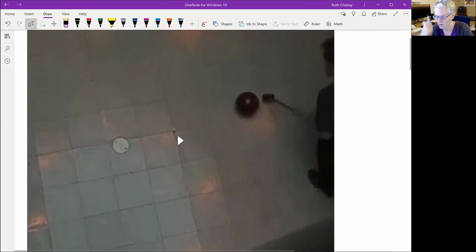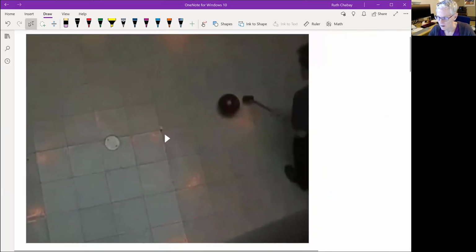So what I'd like to do is show you a video. In this video, one person rolls a bowling ball on the floor, and the other person runs around hitting it with a hammer, trying to make it go into a circle. I want you to watch the video and think about the direction in which the person who's hitting it is applying forces. Okay, so here goes.